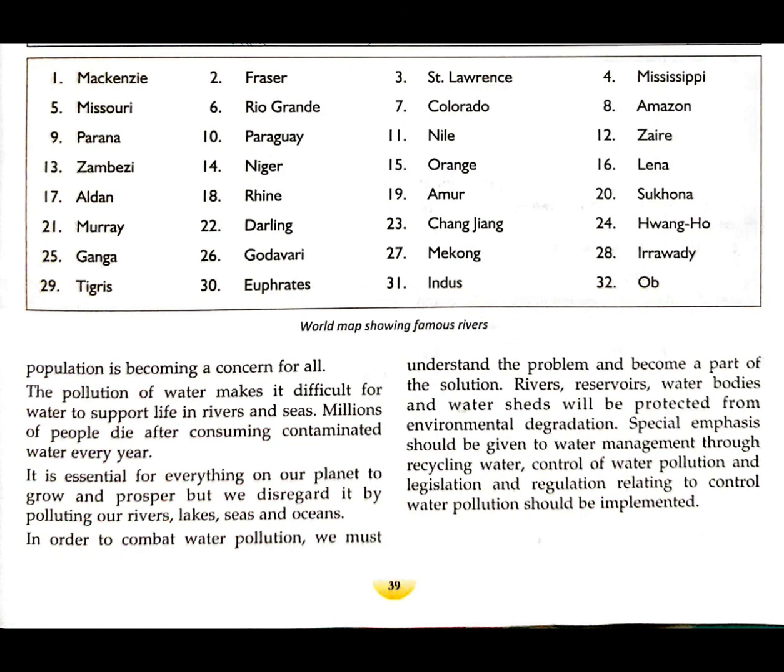Rivers, reservoirs, water bodies, and watersheds will be protected from environmental degradation. A special emphasis should be given to water management through recycling water, control of water pollution, and legislation and regulation related to control of water pollution should be implemented by our government.